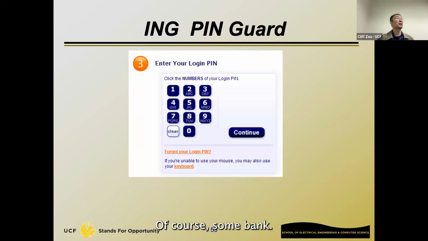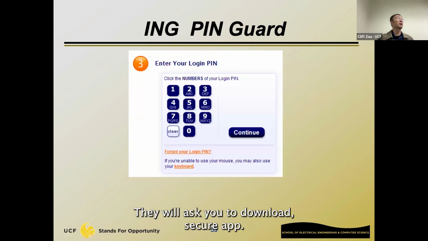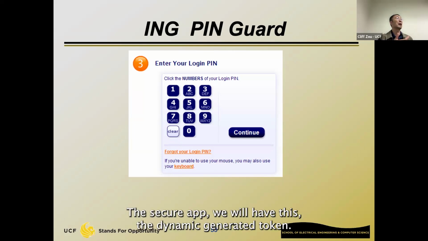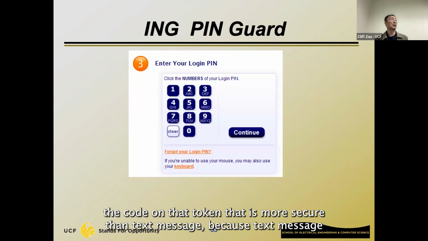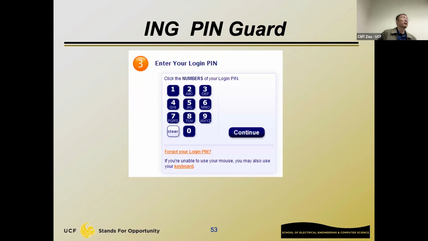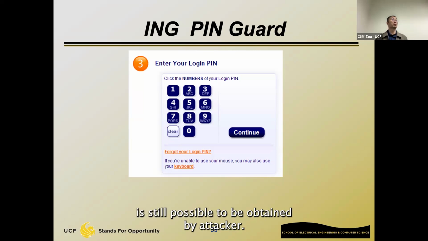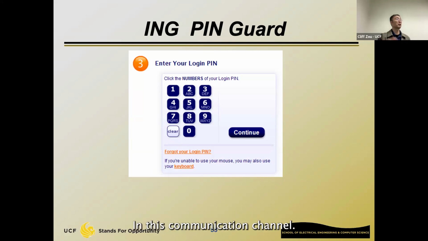Of course, some banks want to be safer, so they ask you to download a secure app. The secure app has a dynamically generated token. Then every time you log into the bank, you need to input the code on that token. That is more secure than a text message, because a text message is still possible to be obtained by an attacker in this communication channel.